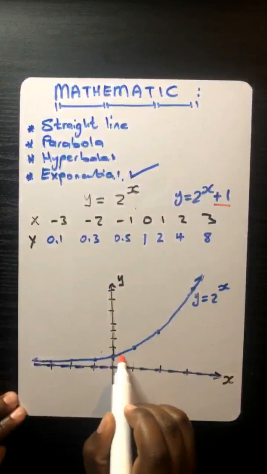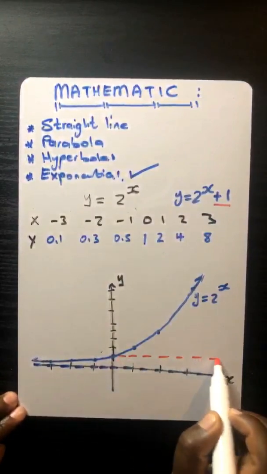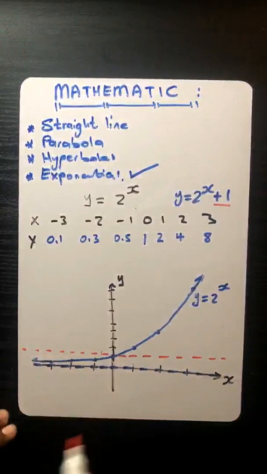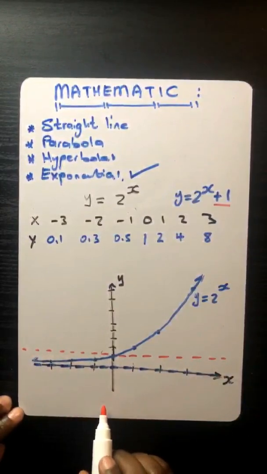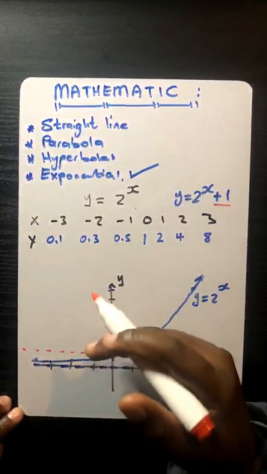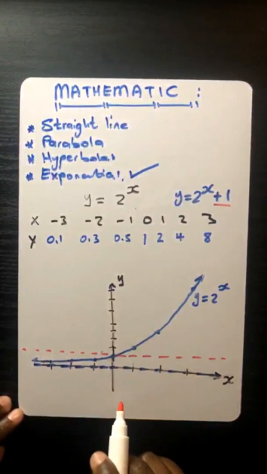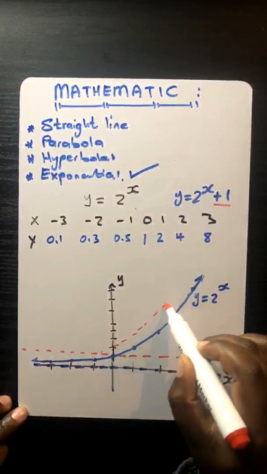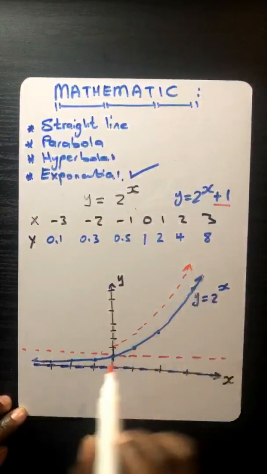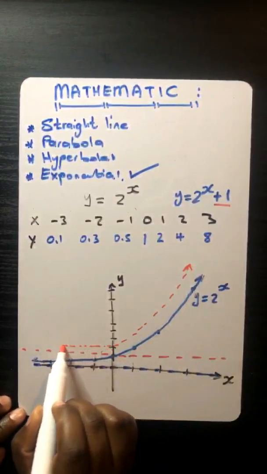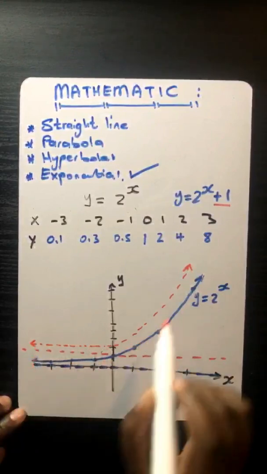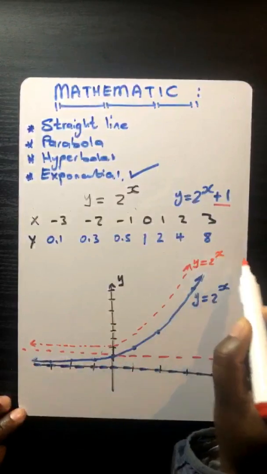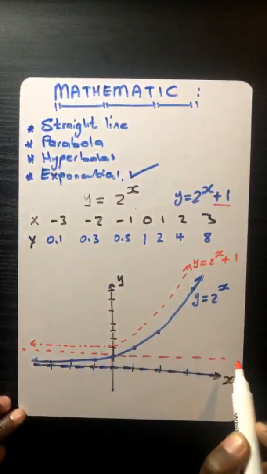Then you firstly start where y equals 1 over there. Therefore, obviously, if everything shifts upwards, it is now going to cut there where y is 2. Therefore, this function is y equals 2 to the exponent x but plus 1.